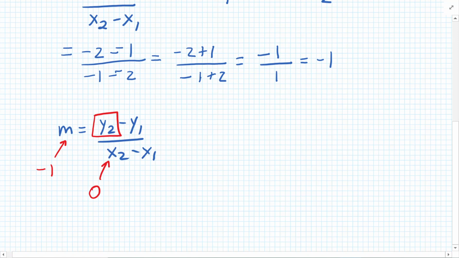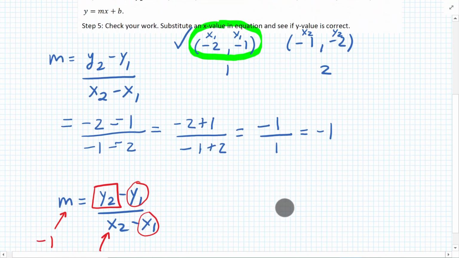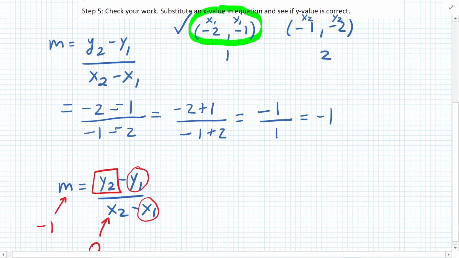And then we're going to go to the point that we chose, the x1 and the y1, and I'm going to circle that. I'm going to substitute into those. So we have x1 as -2. We have y1 as -1.